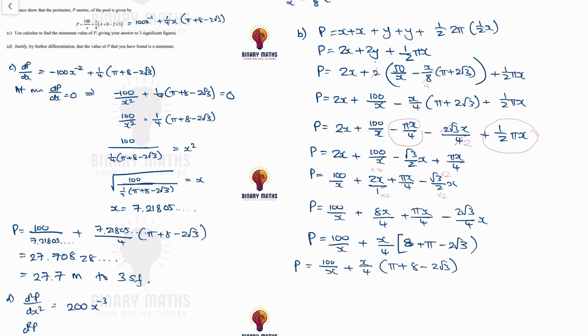And if I substitute x is equal to 7.218 and so on, I get 200 times 7.218 and so on to the power of minus 3, which is equal to 0.5318 and so on, which is greater than 0.